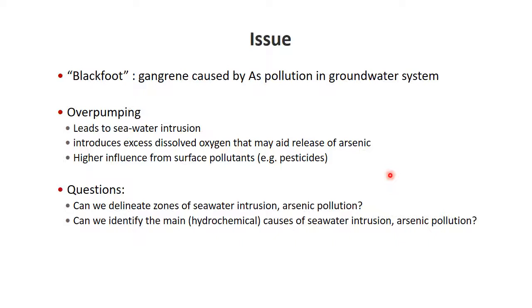Overpumping could also mean a higher influence of surface pollutants. For example, agriculture will then draw some of that into the subsurface. So the questions raised were: can we delineate zones of seawater intrusion and arsenic pollution, and can we possibly identify some of the main hydrochemical causes of both?